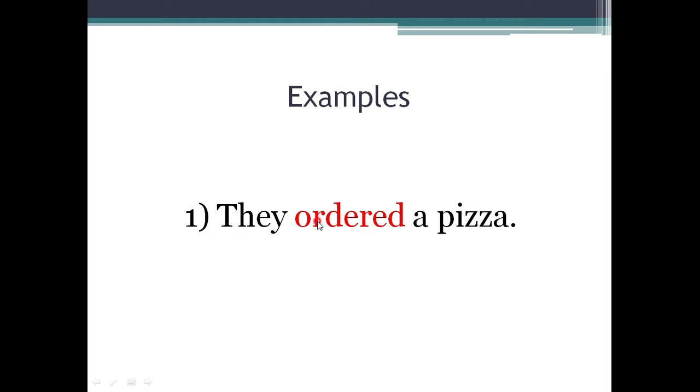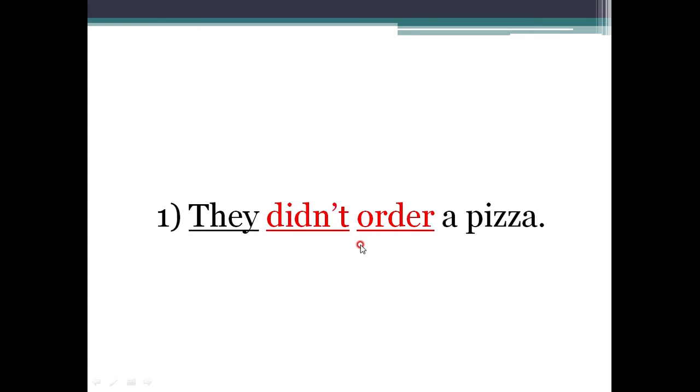Ordered, this is a verb. Didn't is here between the subject and the verb. So let us see. They didn't order a pizza. So there are some changes. First, we added didn't. Then the verb ordered, we deleted ed and it becomes in the infinitive form.